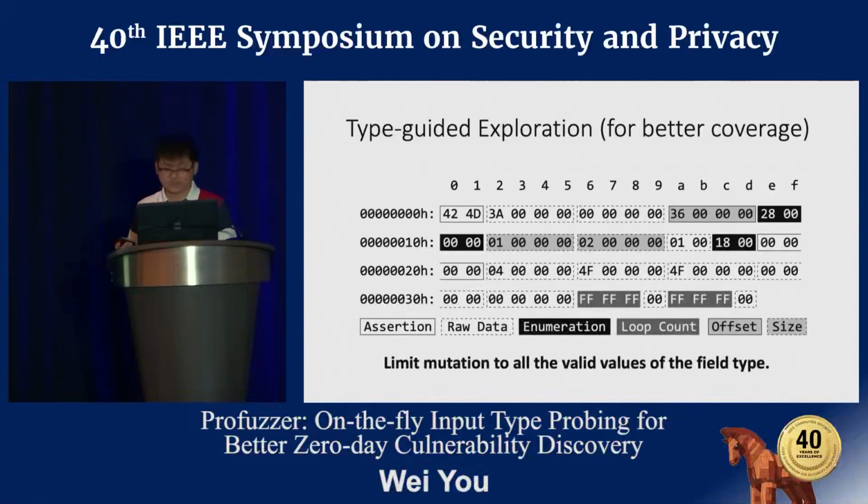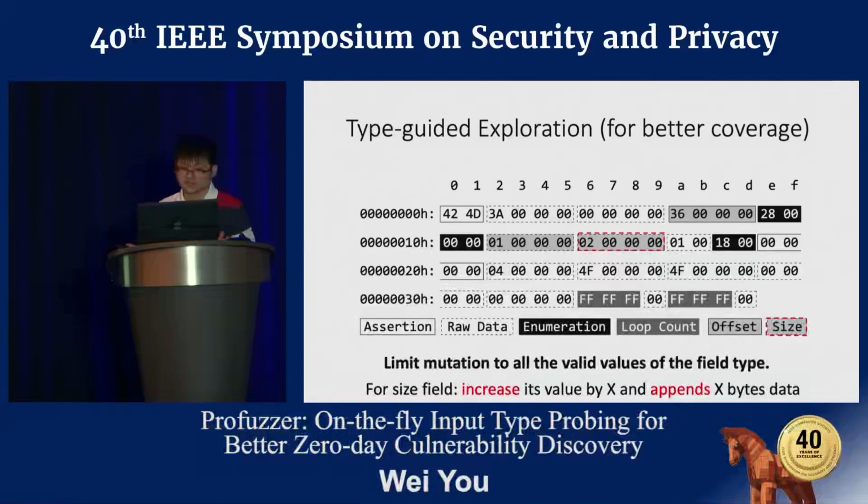In the first aspect, it limits the mutation to all the valid values of the field type to achieve better coverage. As an instance, for a size field, when mutation increases its value by x, it also appends x bytes of data at the end of the file.